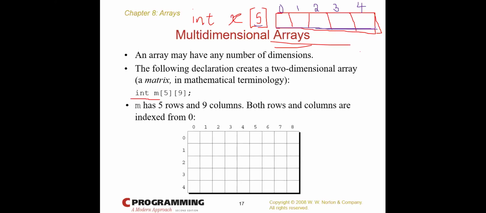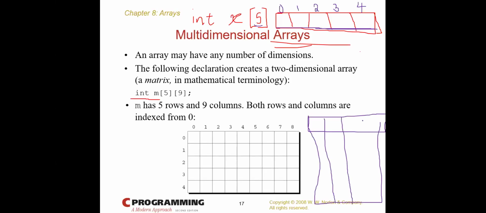But there are times that we need something more than this. There are times that we need arrays that are bigger than this. And today we go to arrays that are bigger than this, called multi-dimensional arrays. The previous array we had was in just one dimension, but today we want to extend it to the next dimension. By the way, we can have much more than 2 dimensions.